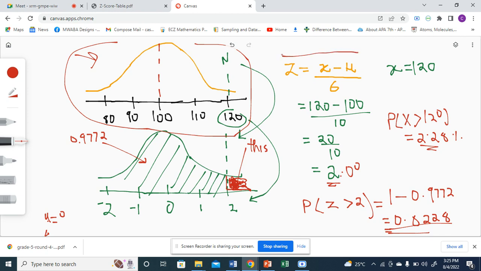Remember, the z-score just tells you how many standard deviations your data point is from the mean. The formula is X, which is your data point, minus the mean, divided by the standard deviation. Are we okay with that, Mrs. Chulu?